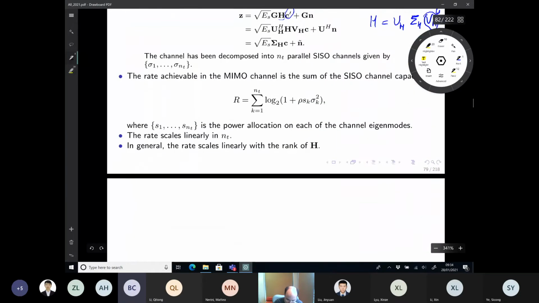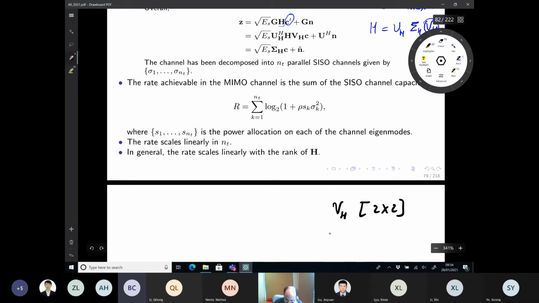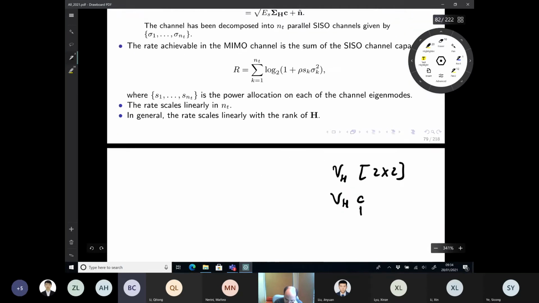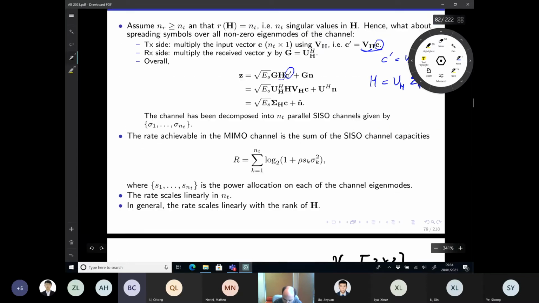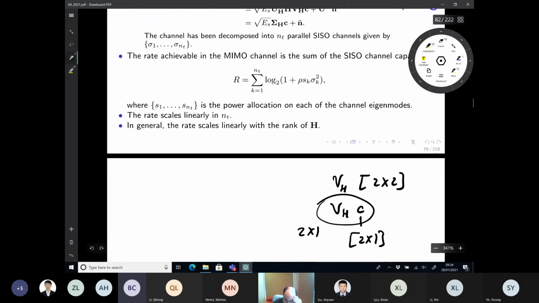If you have a 2 by 2, your V is a 2 by 2 matrix, right? So your V multiplied by C, and C now is a 2 by 1 vector. I will transmit 2 streams, right? This quantity will still be a 2 by 1. So this will be similar to what we had here. This was a 2 by 1 also in the case where we have 2 transmit antennas.